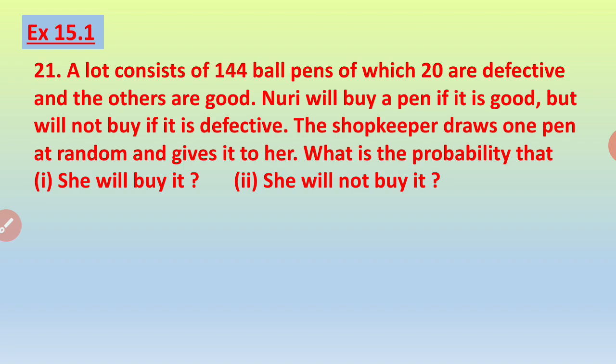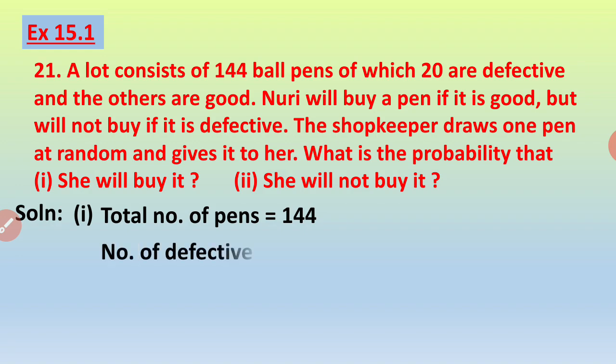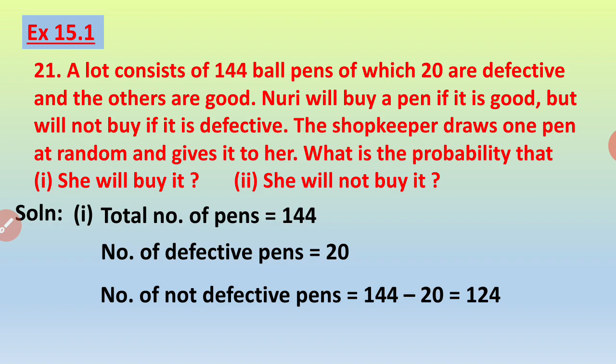Now, if she is buying it, it has to be a good pen. So let us try to find out the number of good pens initially. Here, the total number of pens is 144, out of which 20 are defective. So the number of not defective pens, that means the number of good pens, is 124.